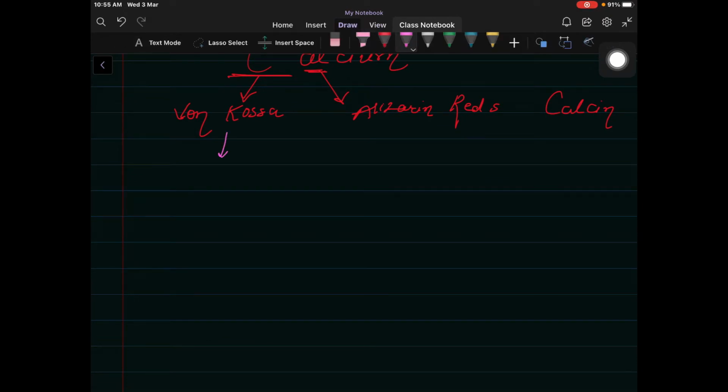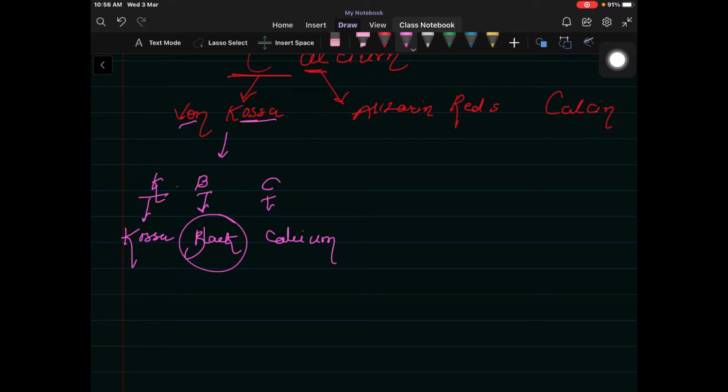So it is easy to remember von Kossa with the mnemonic K B C. For K we can say Kossa, for B black, and for C calcium. Whenever calcium is stained by the von Kossa stain, it gives a black appearance.